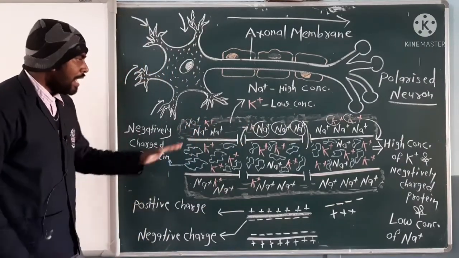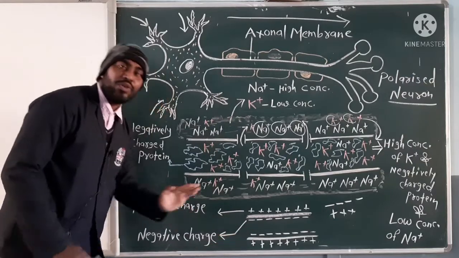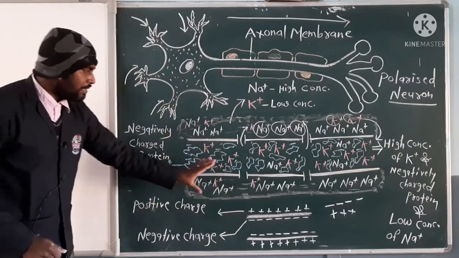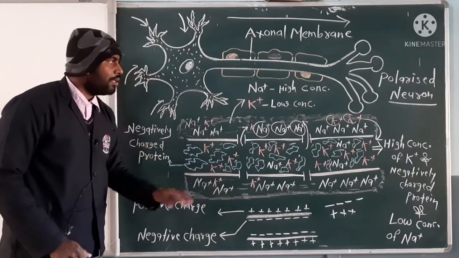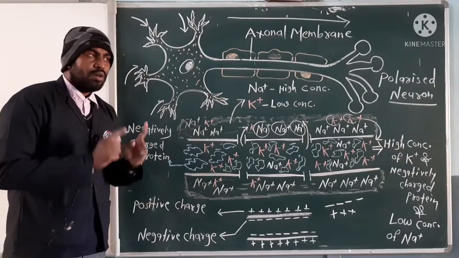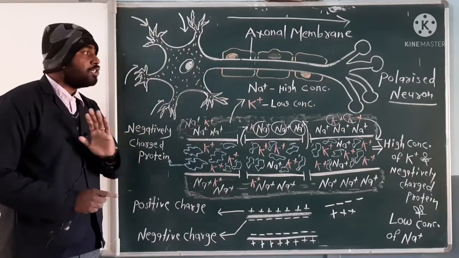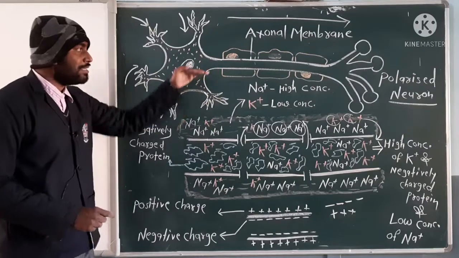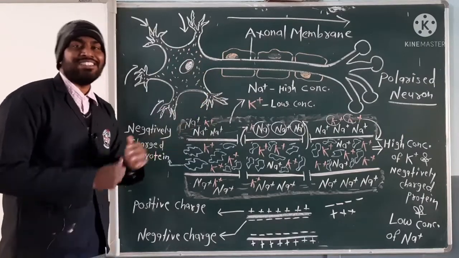And that is why this condition is maintained in the polarized neuron. What is a polarized neuron? One where no impulses are going on, that means the neuron is at resting stage.